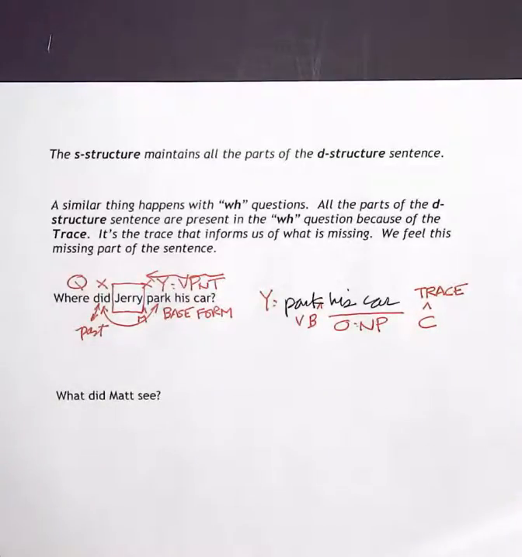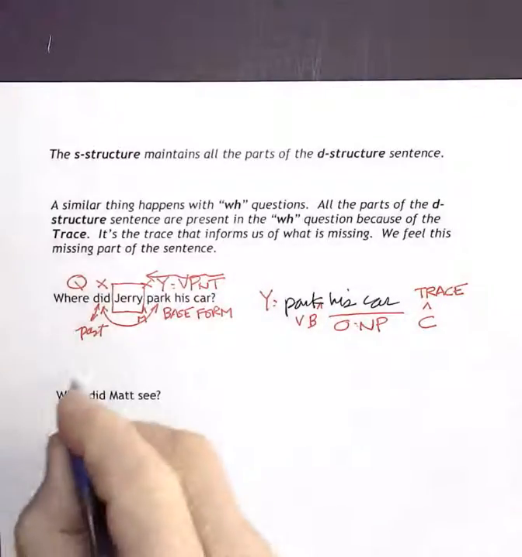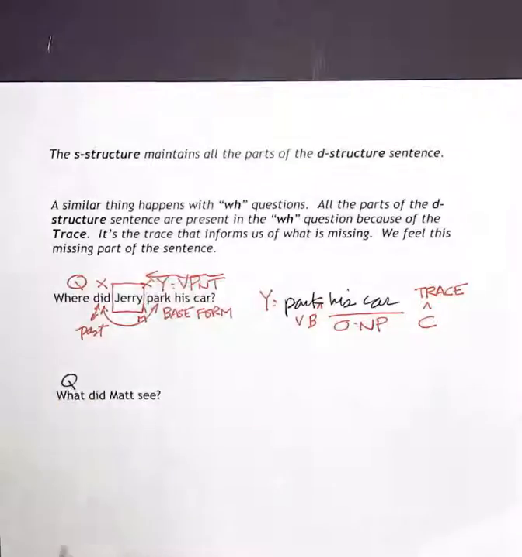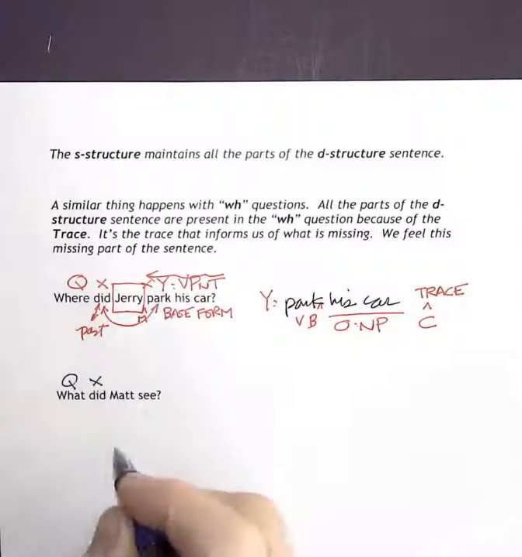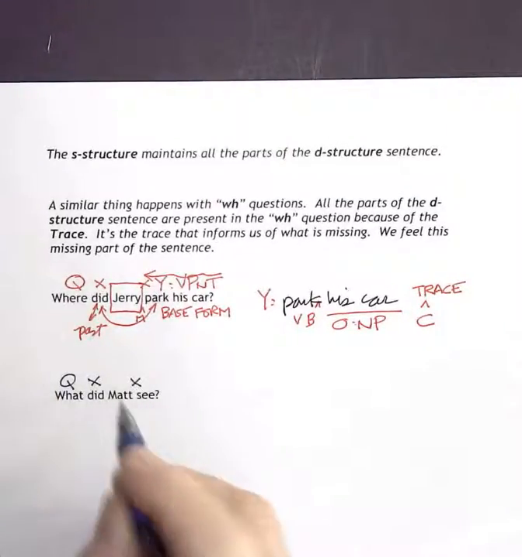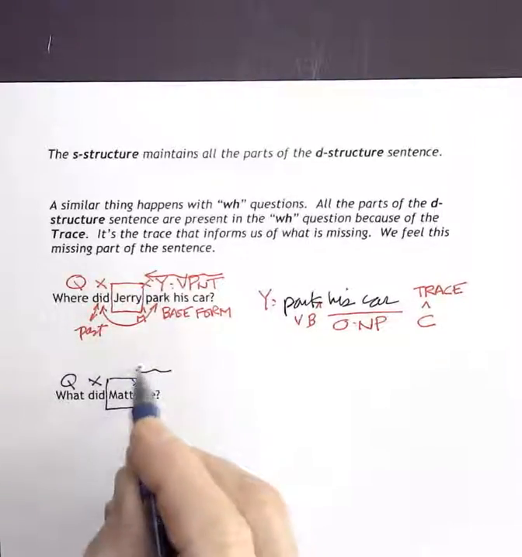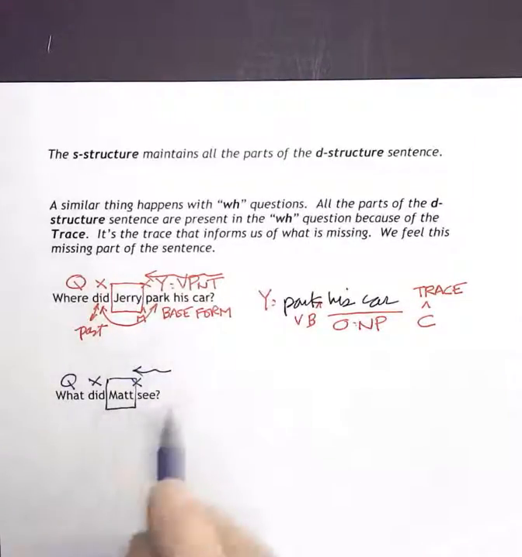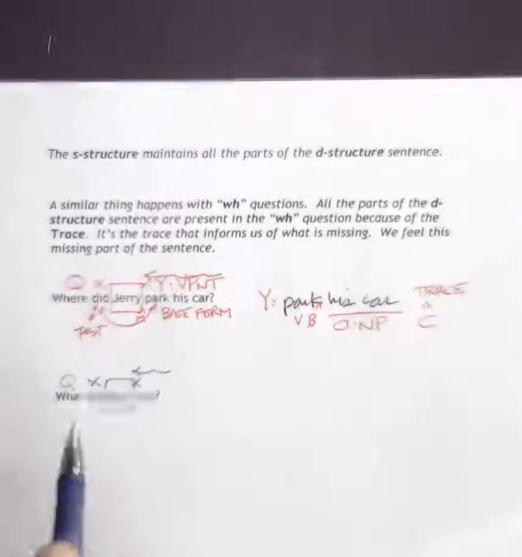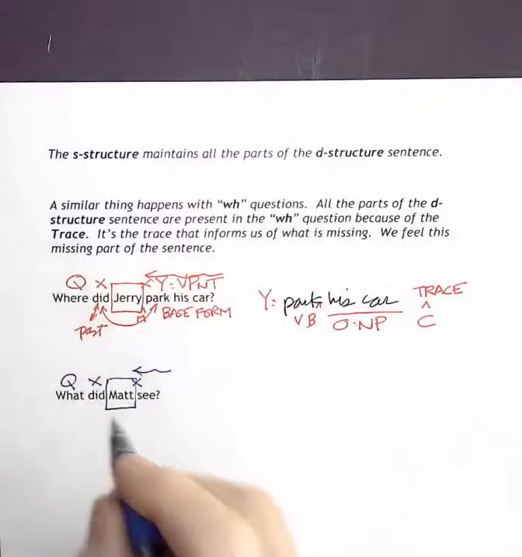What did Matt see? That's our question word, X word. Second X word place, Matt. And we can see the sentence structure hasn't really changed. We've added something here. That's all.